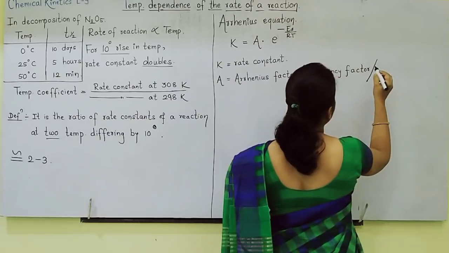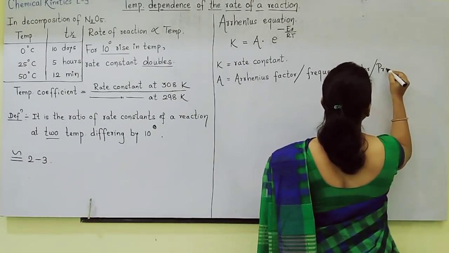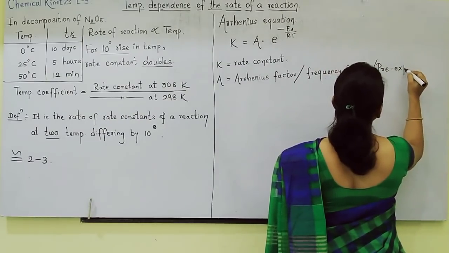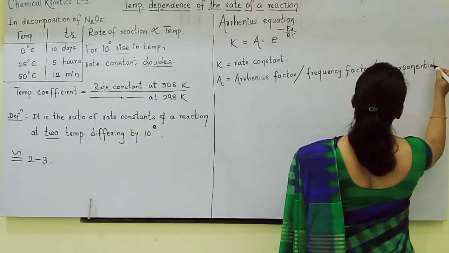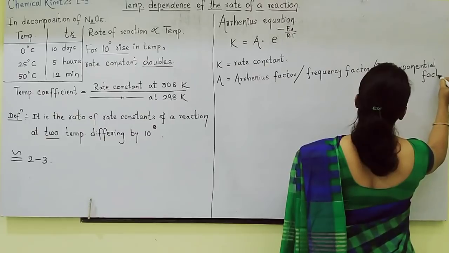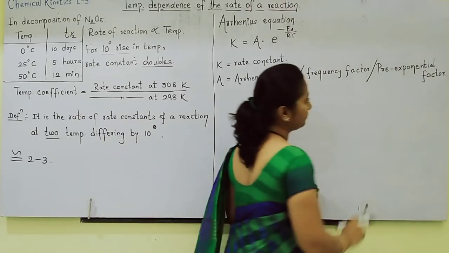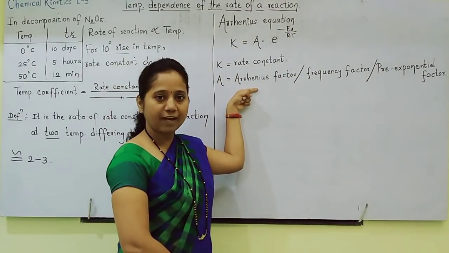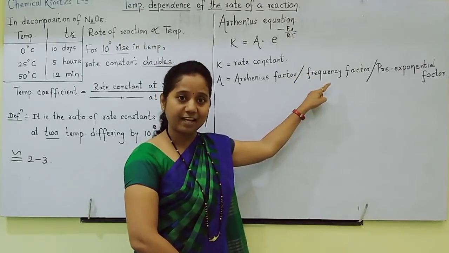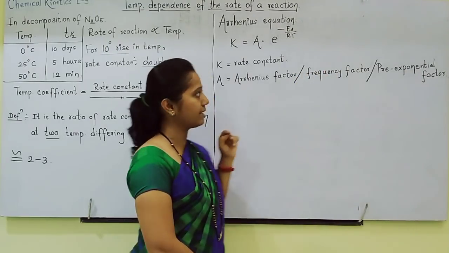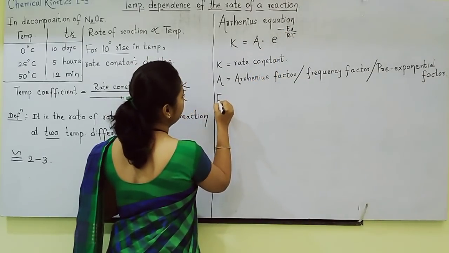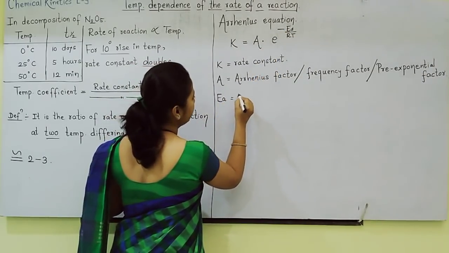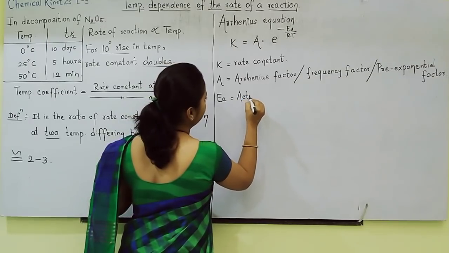It is also called the pre-exponential factor. Arrhenius factor or frequency factor or pre-exponential factor. What is Ea? Ea is nothing but activation energy.